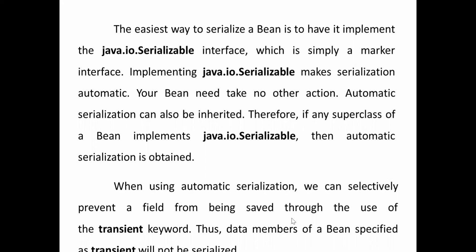When using automatic serialization, we can selectively prevent fields from being serialized through the use of the transient keyword, so that the data members of the bean specified as transient will not be serialized.